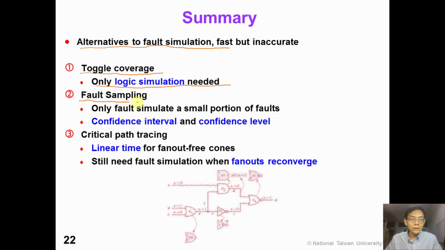Fault sampling only fault simulates a small portion of the faults, and we can determine the confidence level and the confidence interval based on a statistical method. Critical path tracing is a linear time algorithm for fan-out free circuits, but we still need fault simulation when fan-out reconverges.